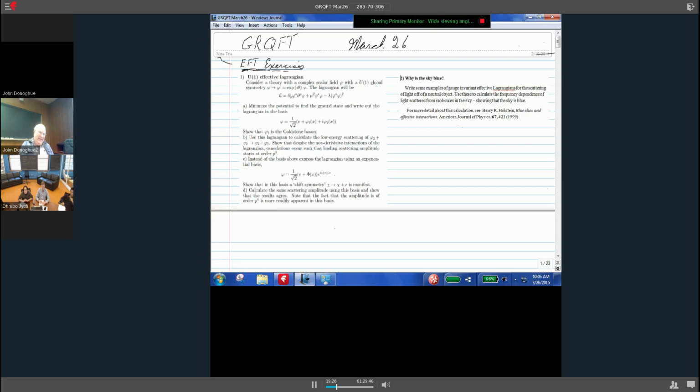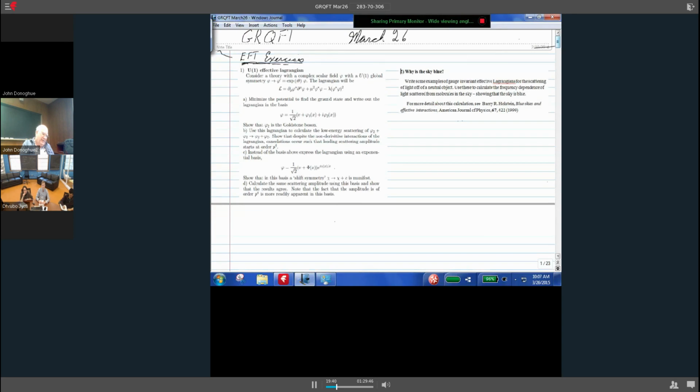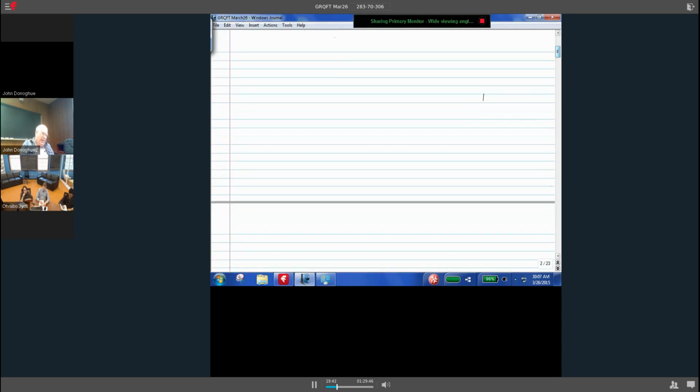And the second one is one from the Barry Holstein paper, where you get out the frequency dependence of scattering of light off the sky with very little assumption other than gauge. Okay, so those are two things you can try in these exercises.